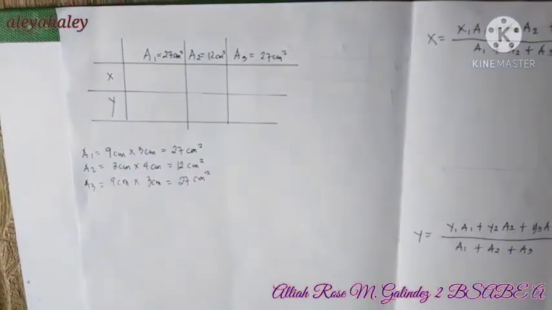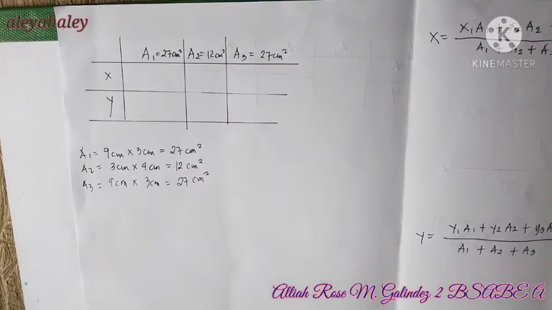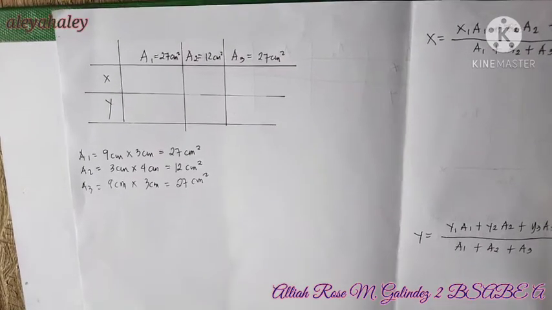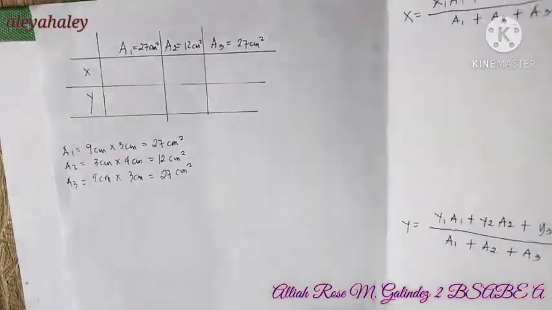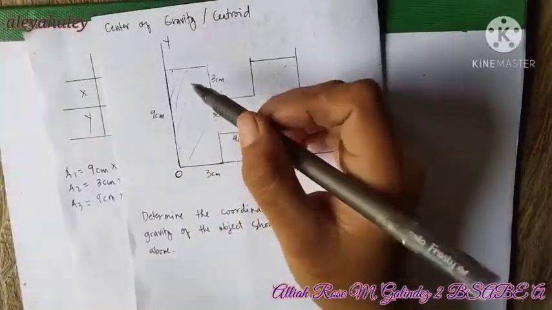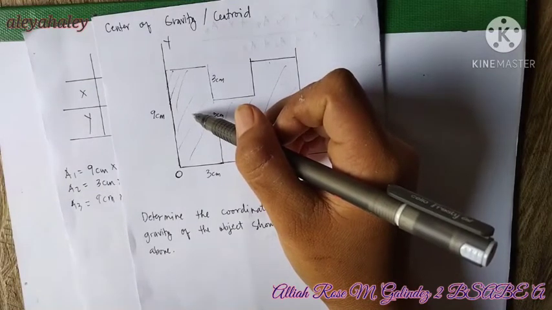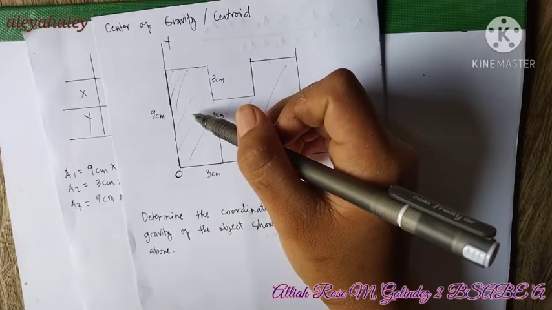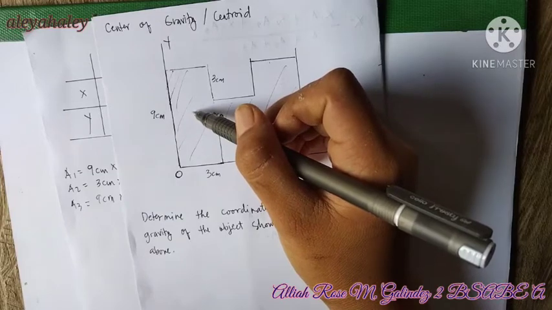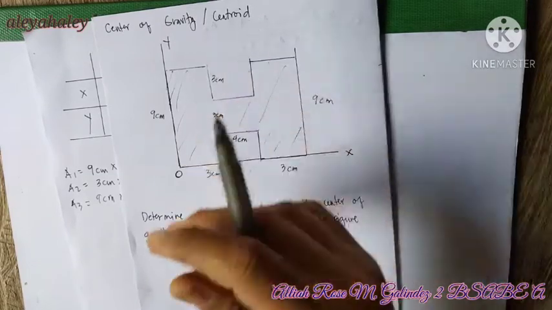And next, we have to solve for the center point that lies on the x and y-axis for part 1. We have to look at the coordinate where the center for part 1 lies.